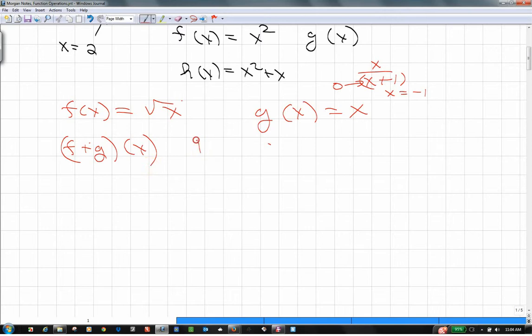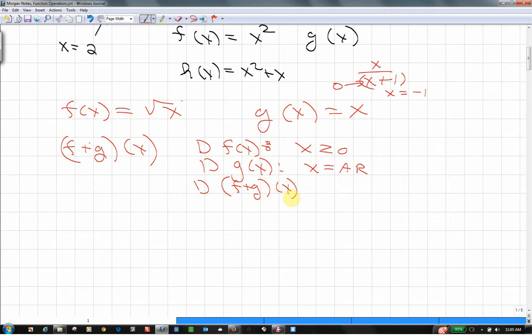The domain of f of x is going to be x greater than or equal to 0, because it's got a square root. The domain of g of x, which is simply x, is all real numbers. So the overlap of those domains, which is what the domain of f plus g would be, would simply be x greater than or equal to 0. That would be the domain of my added function.